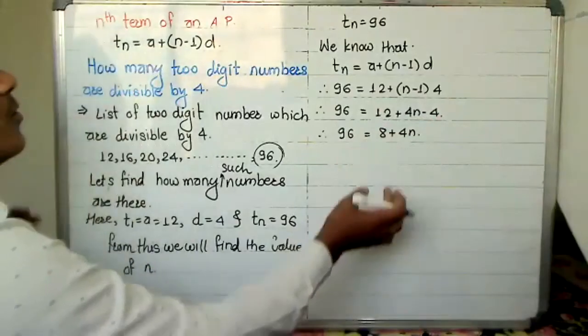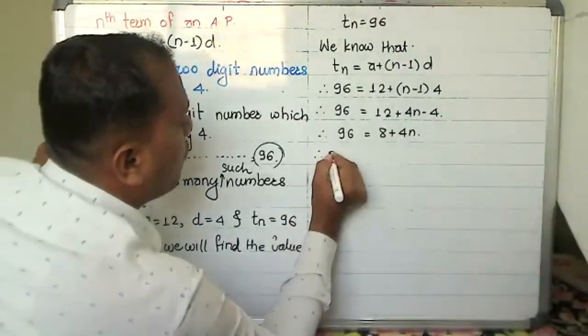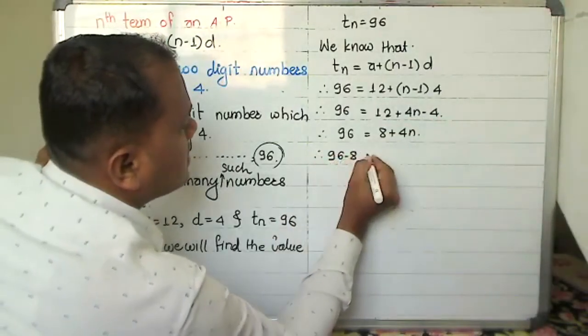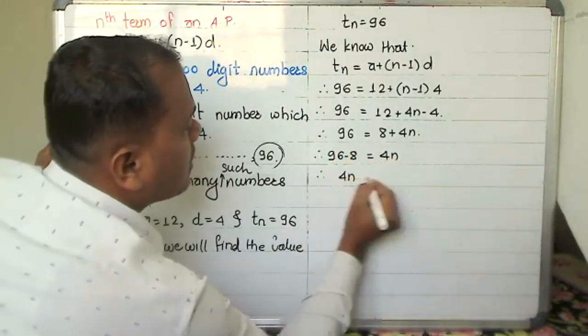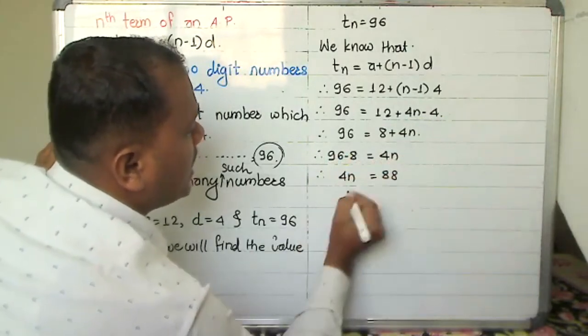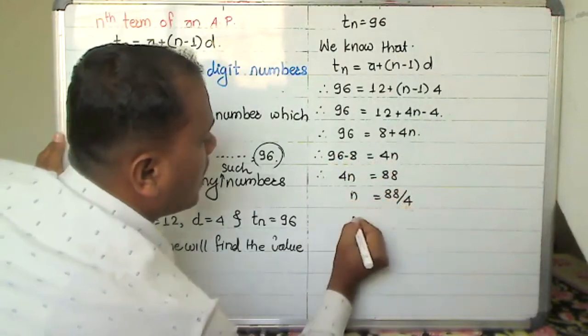I'm going to shift this 8 from the right hand side to the left hand side. Therefore 96 minus 8 is equal to 4n. So 4n is equal to 88. So n is equal to 88 divided by 4.